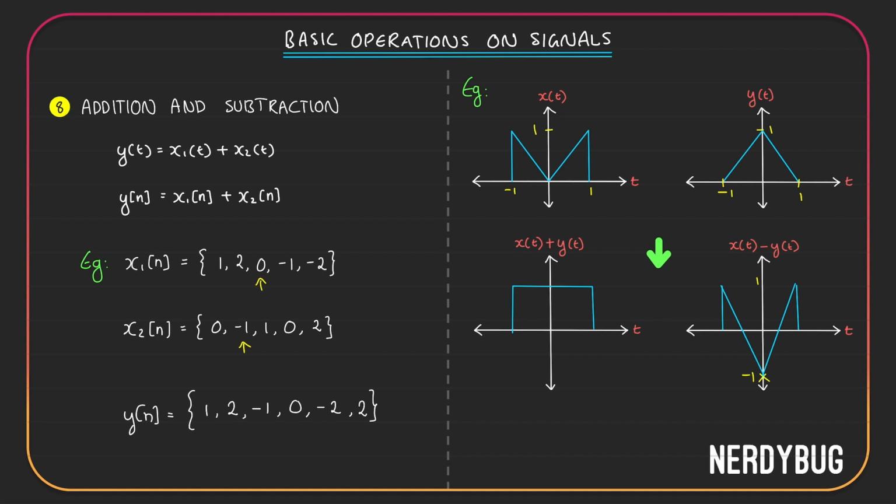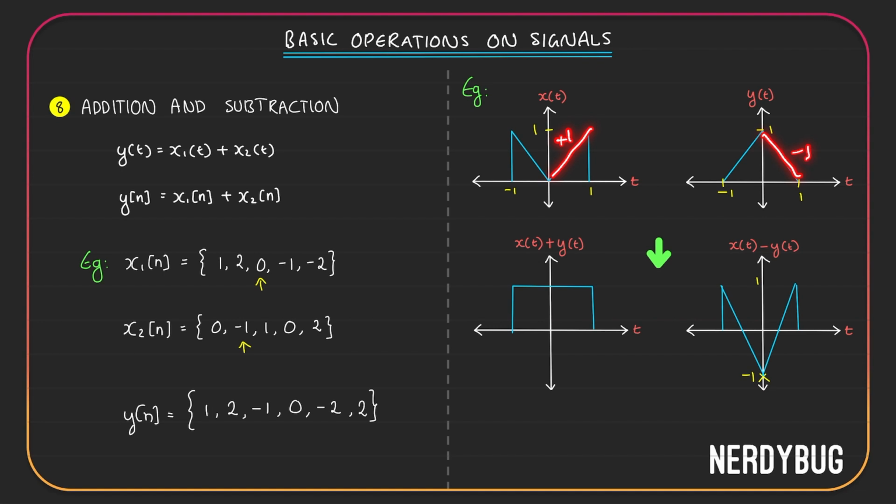We can verify this in the subtraction also. So this one has a slope minus 1 and this one has a slope 1. This is minus 1, that is 1. If you subtract them, you will get minus 1, minus 1, minus 2, and that is actually the slope of this one. On the other side also you can see this is plus 1, this is minus 1.